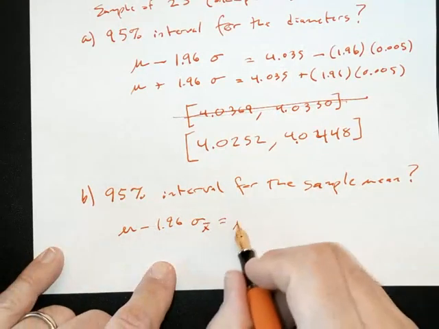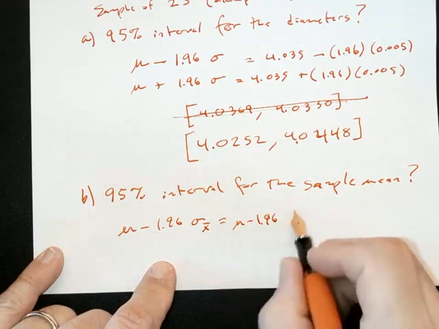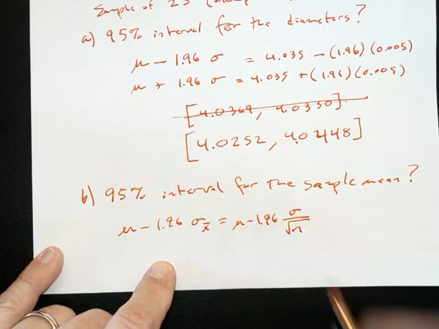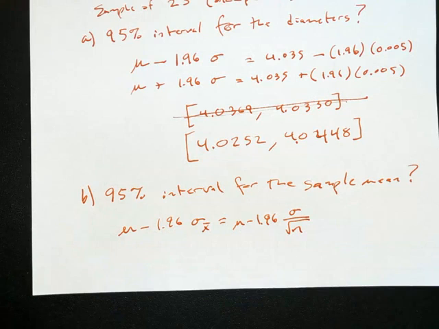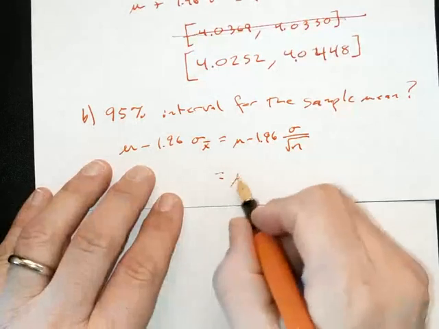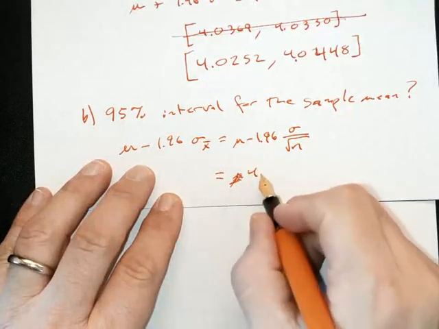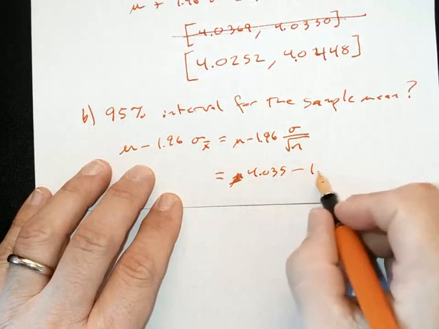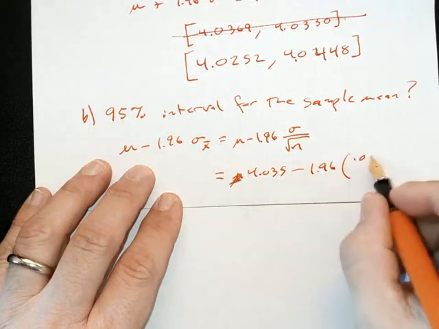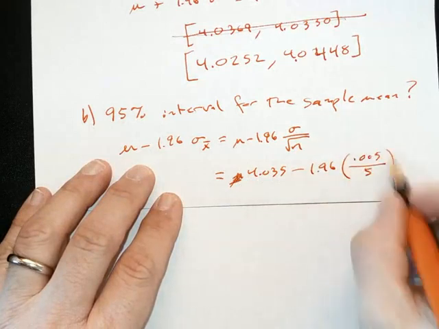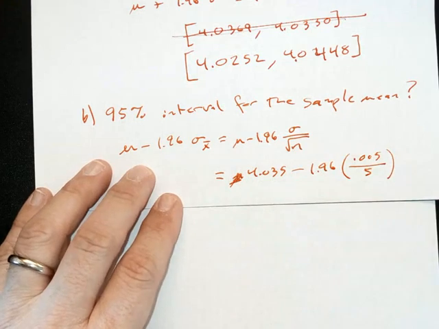Or if you'd rather, 1.96 sigma divided by the square root of n, because that's how we get that standard error. And then square root of 25 is 5. 0.005 divided by 5 is 0.001.